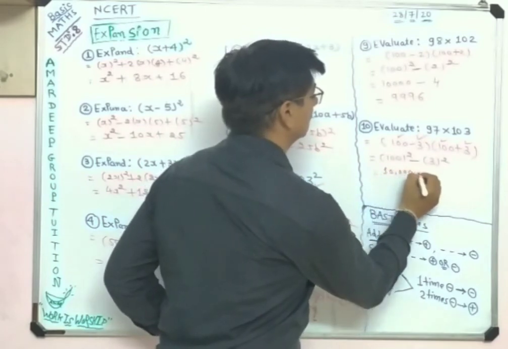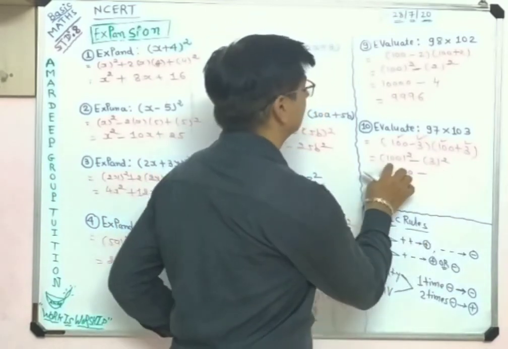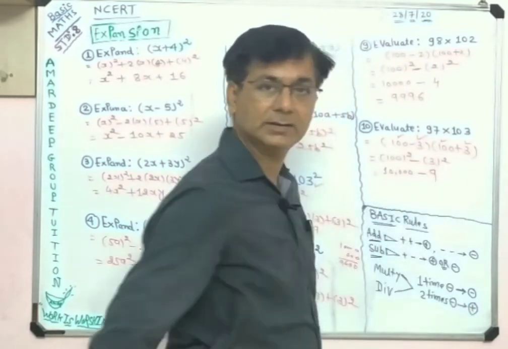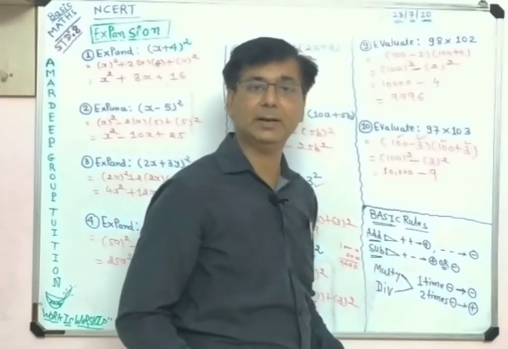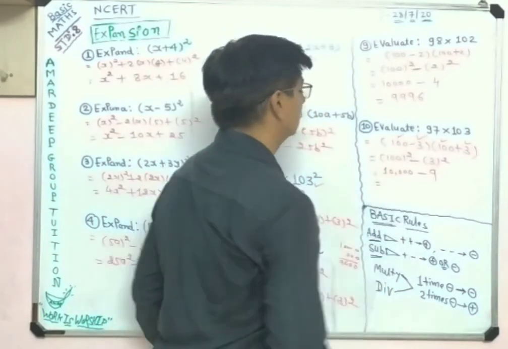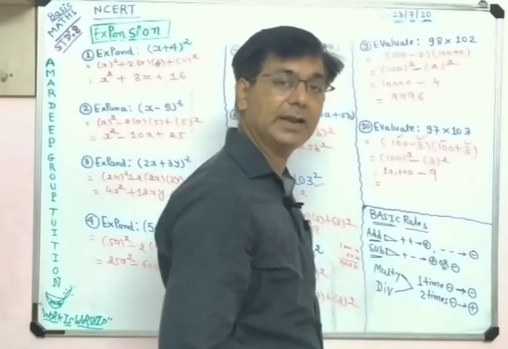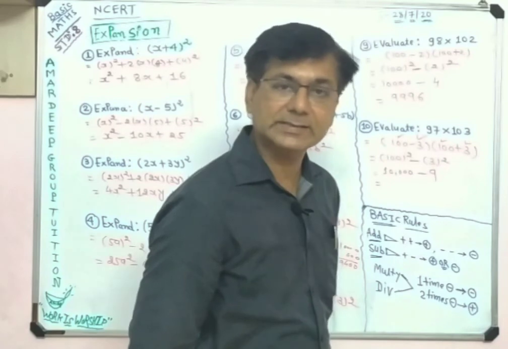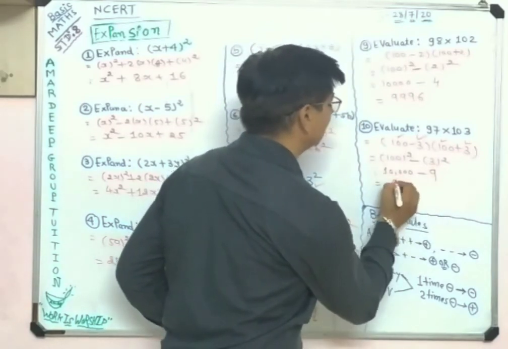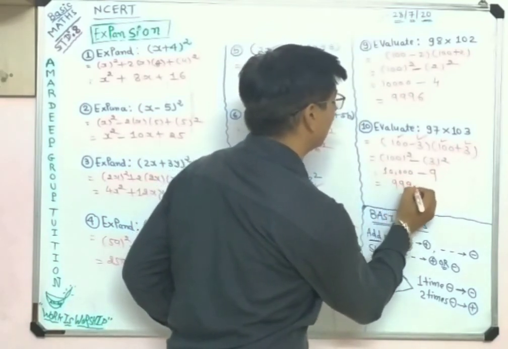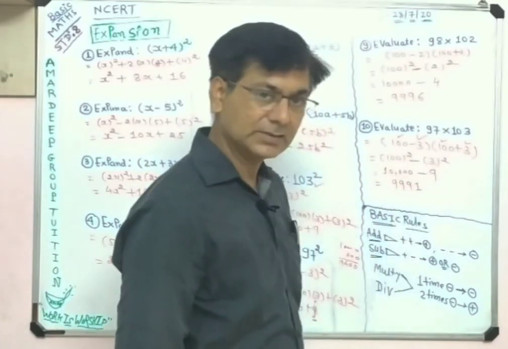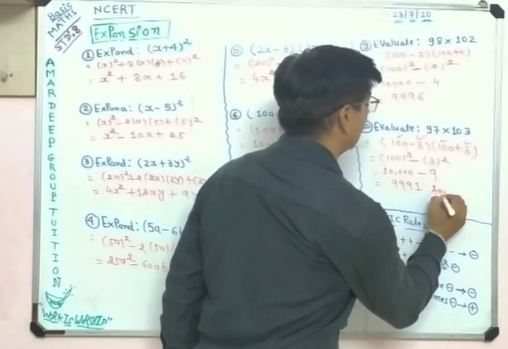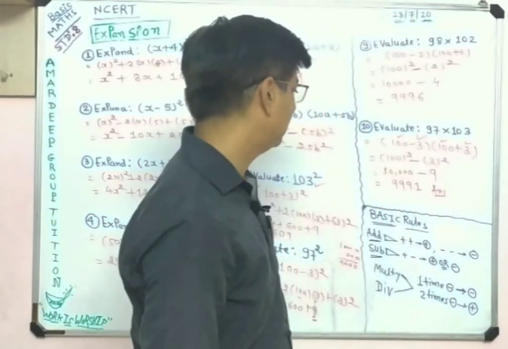So the answer will be 100 squared, which means 10,000, and 3 squared is 9. It's very simple. Apply this rule in every example of difference of brackets. 10,000 minus 9 is 9,991. So the answer will be 9,991.